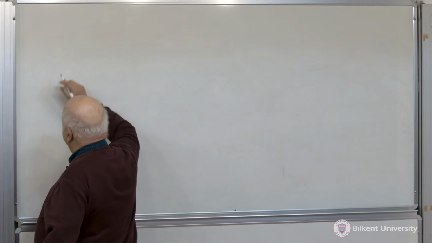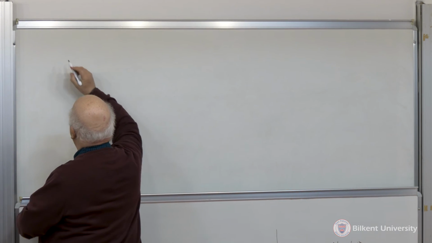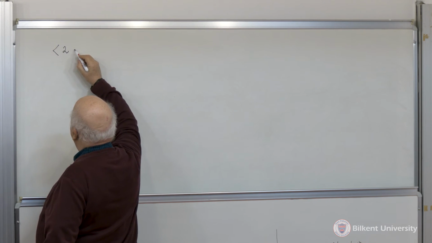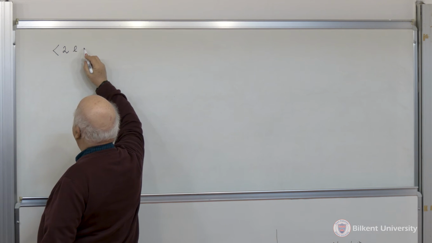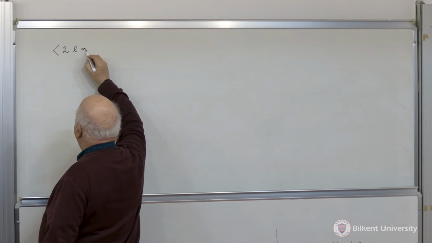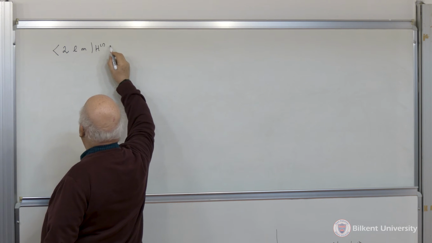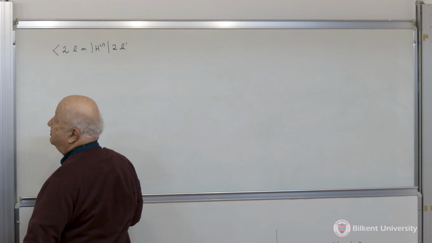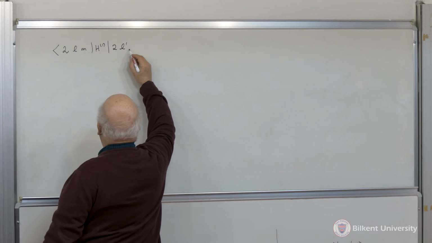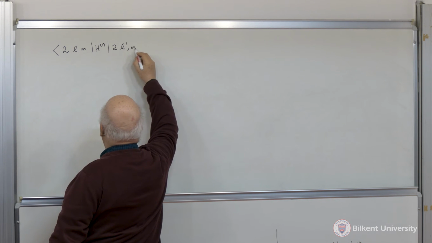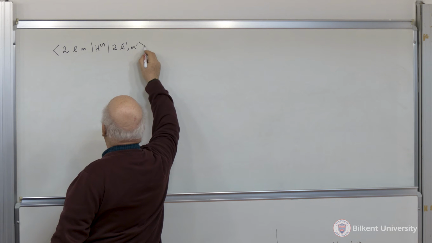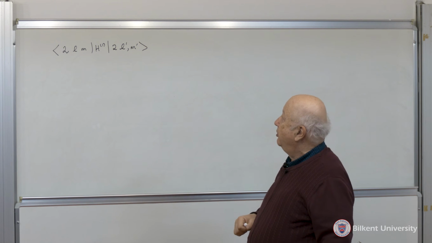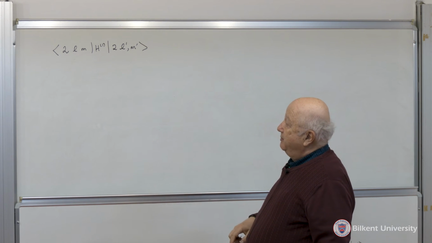So now I need inner products which look something like this: n equal to 2, and l can be something, m can be something. Then I have this H1, and then again 2. L could be different, right? Because it can be 0 or 1. And then there will be some other m prime in general, but we showed that m must be equal to m prime, otherwise I'm going to get 0. Okay, so I need to construct this matrix now.